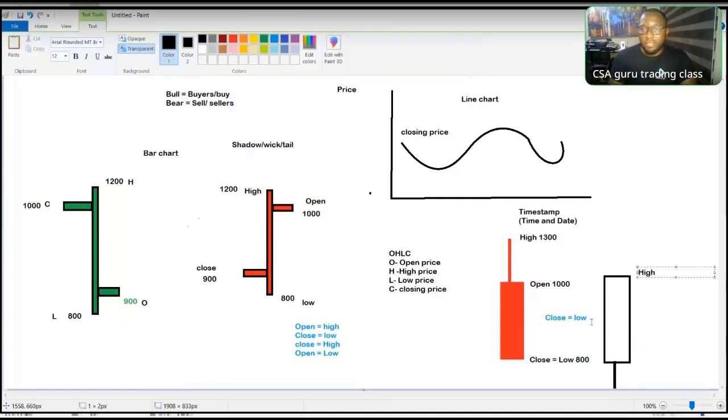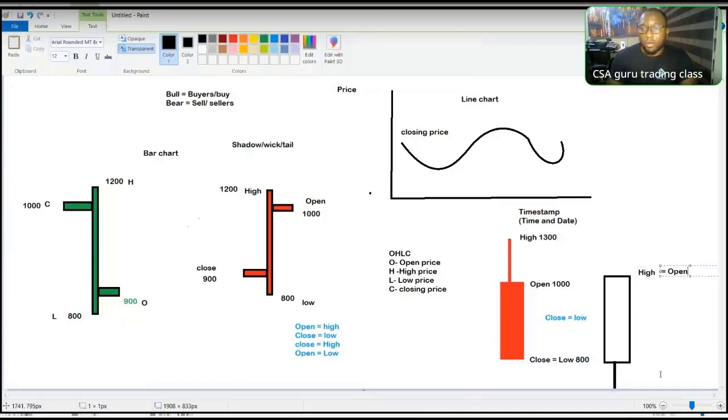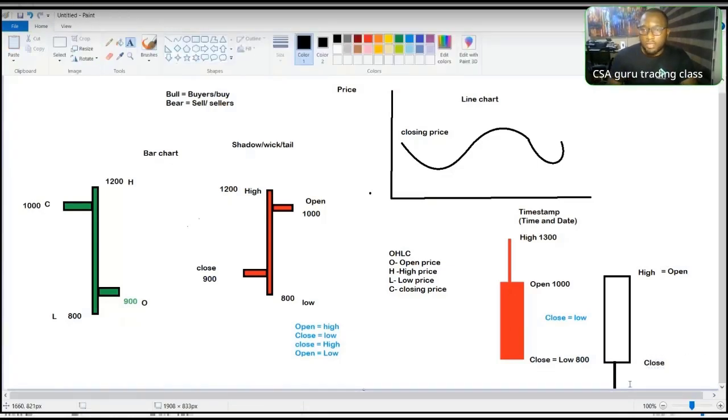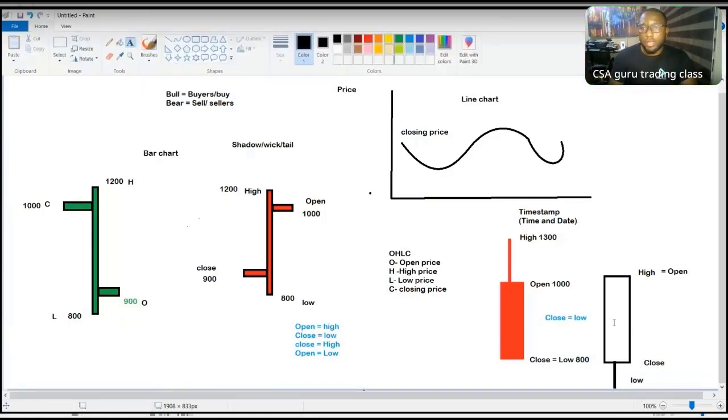So open is also the high, which is at 1,000. Our close is here, and this is our low. If you have something like this, that indicates that the price of that day is bearish.